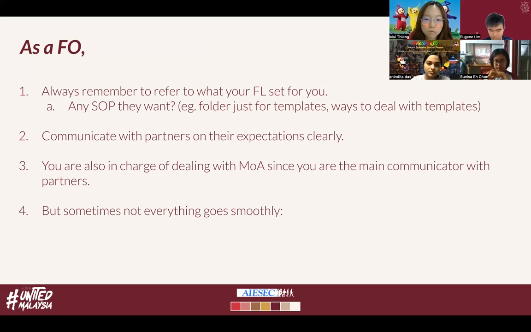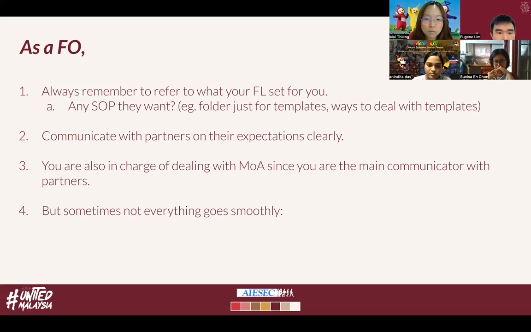Maybe it's just, I have a folder just for templates, so don't write anything in the template, for example, or how to deal with the template, those kinds of things. It's very important that you follow them, because if you mess it up, it's hard to go back to how things used to be. I'm speaking from experience also. So that's one thing that I wish all of you could follow.